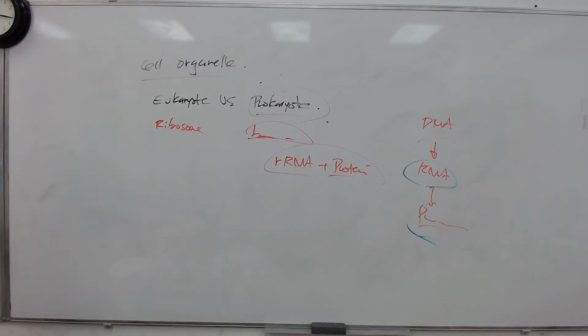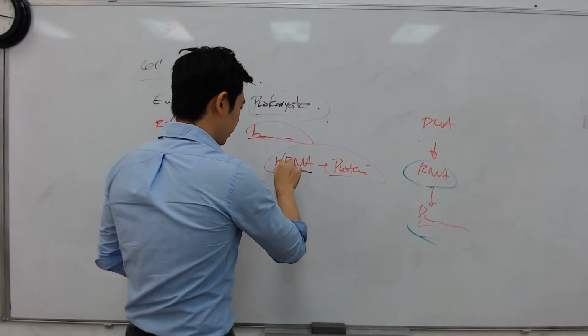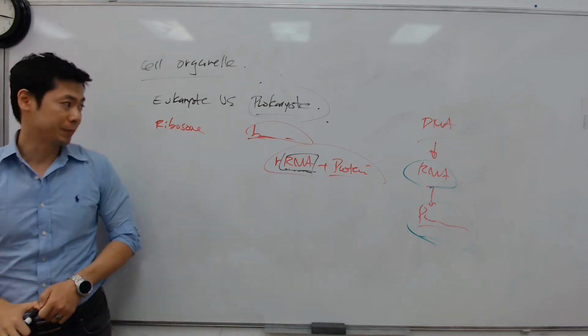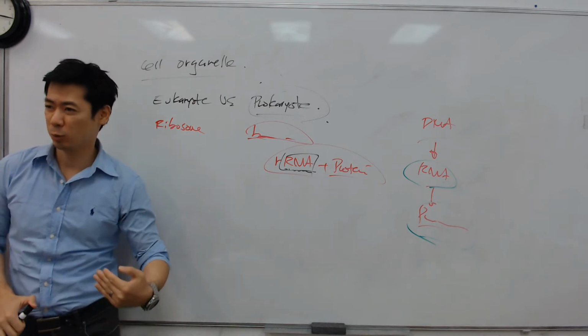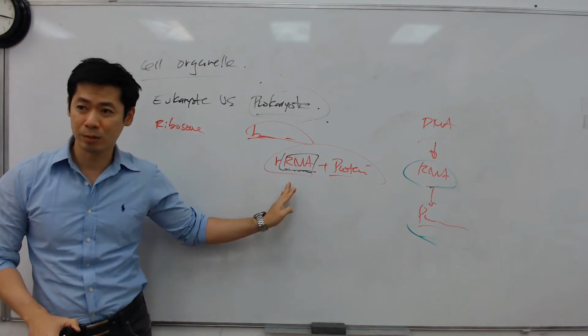Just to let you know, some of the RNAs have catalytic functions. That's one of the things you have to understand, guys. RNA's job is a lot more than you'd think.